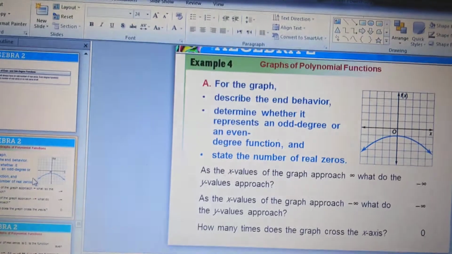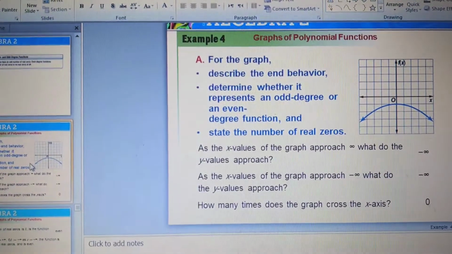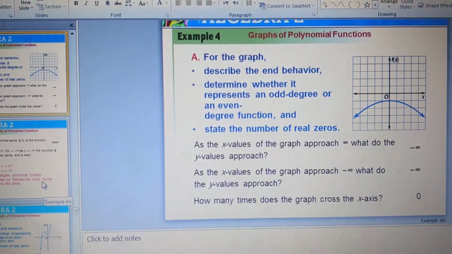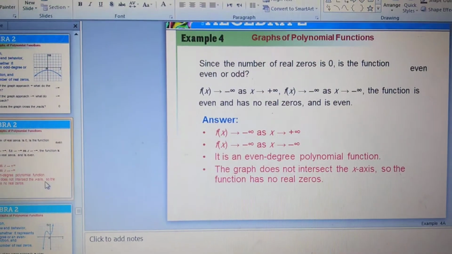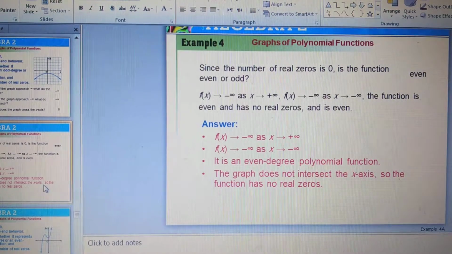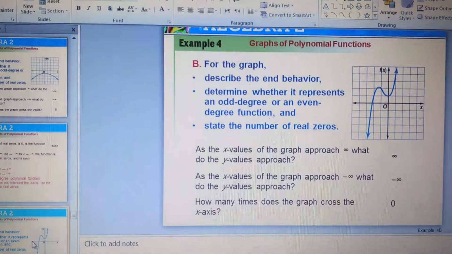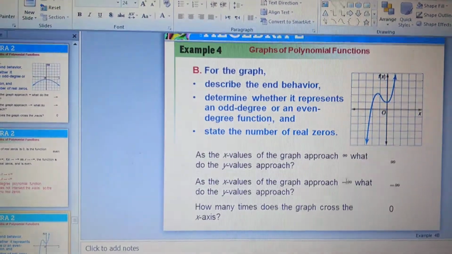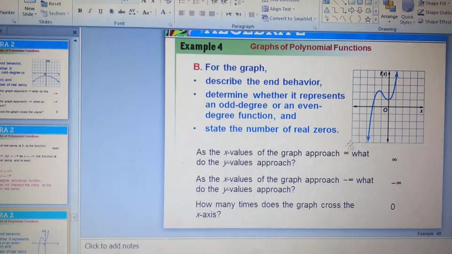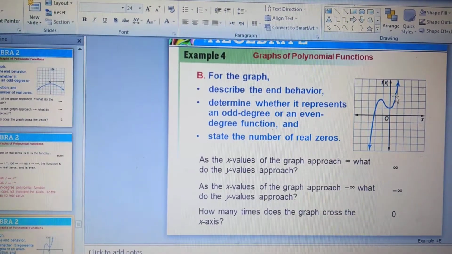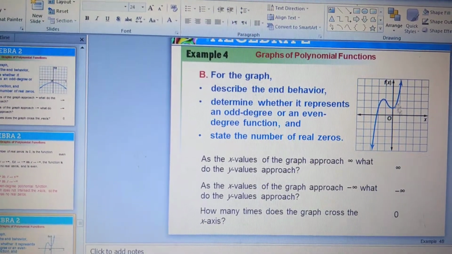This is an example about it. Here he described the end behavior depending on the graph. This is also the same. Here, of course, from the graph I know that the degree is an odd number.